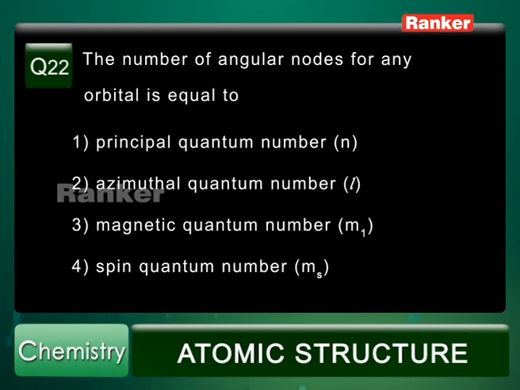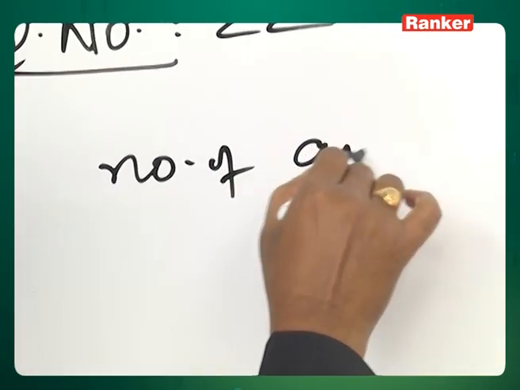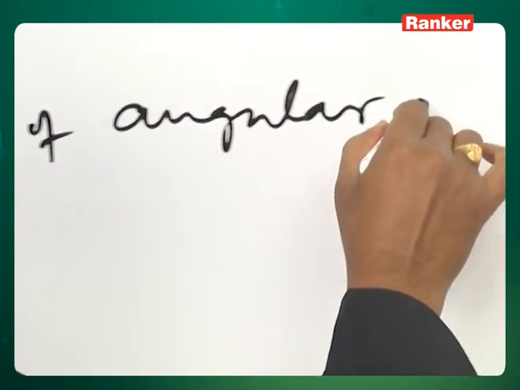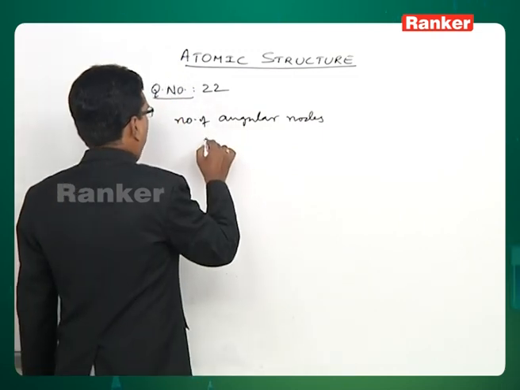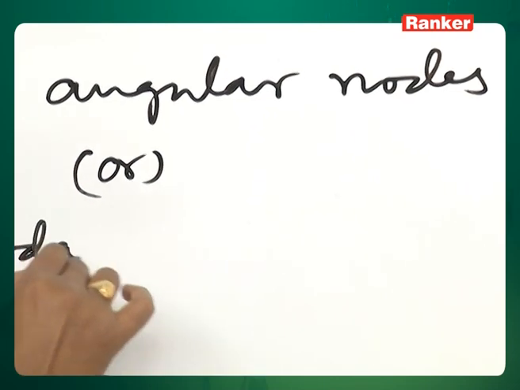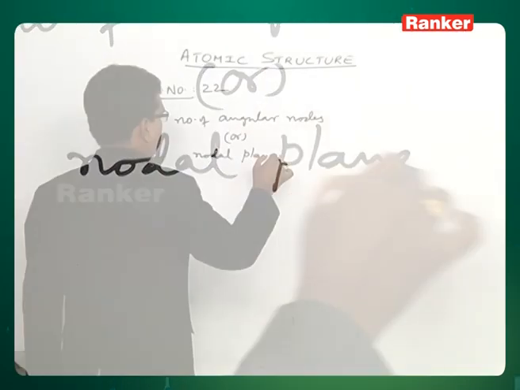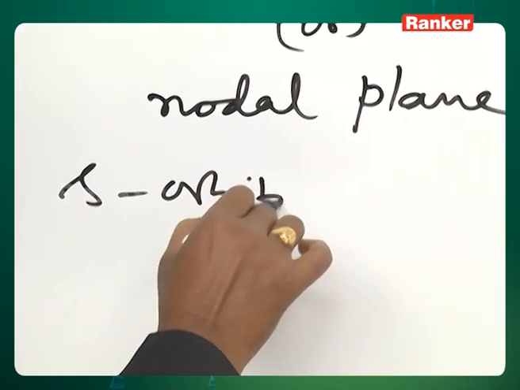Question number 22 says the number of angular nodes for an orbital is equal to the number of nodal planes. First of all, what is a nodal plane?